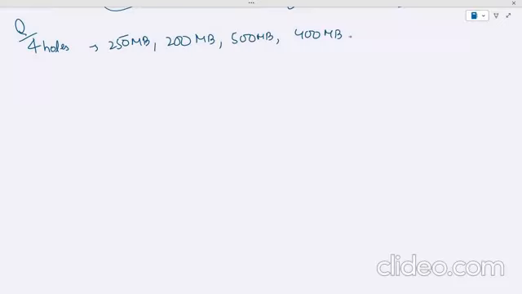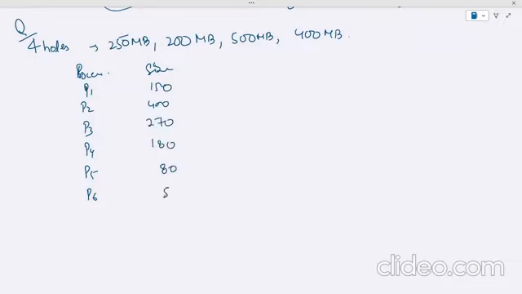Now you have process requests: P1, P2, P3, P4, P5, and P6. Let's say we have 6 processes, and the sizes of these processes, all in MB, are 150, 400, 270, 180, 80, and 50.